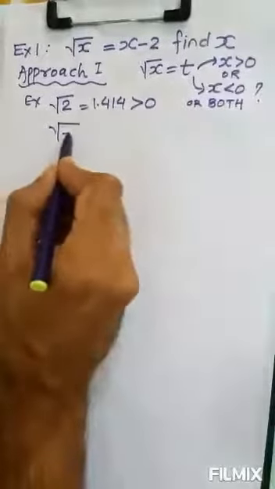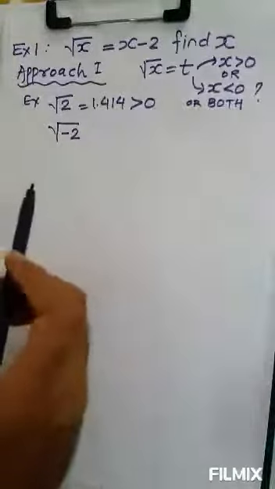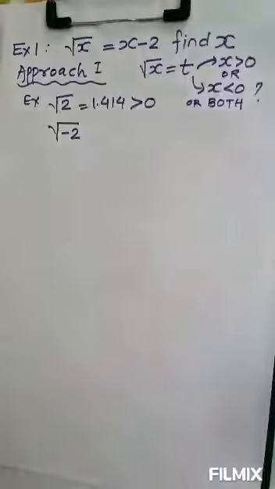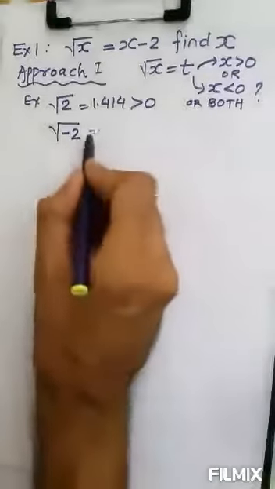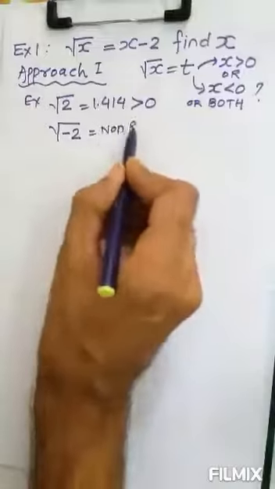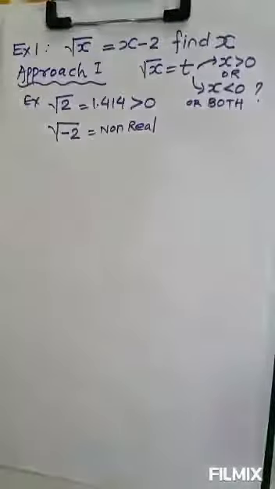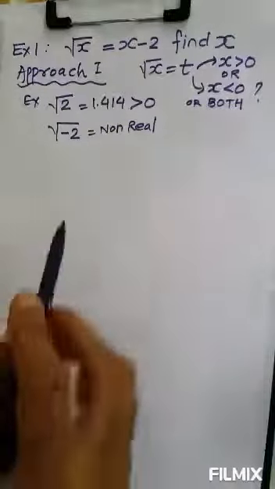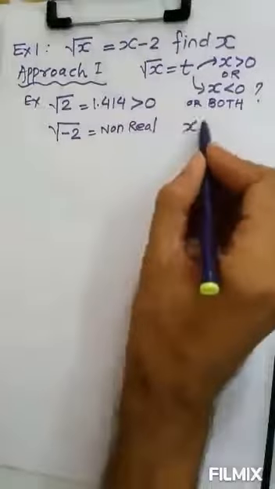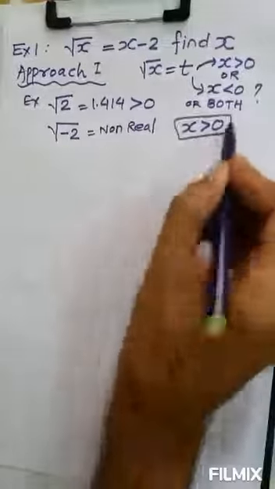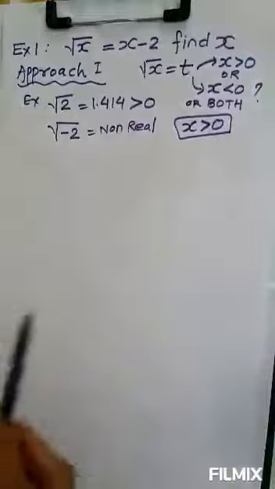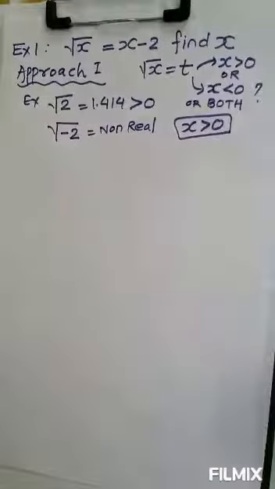But if you put x equals minus 2, a negative value inside the root sign, it will give you a non-real value. What exactly it is, that we will see. So this is a non-real value, and x has to be positive.